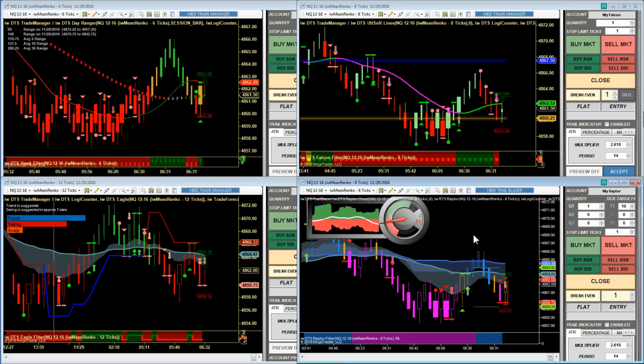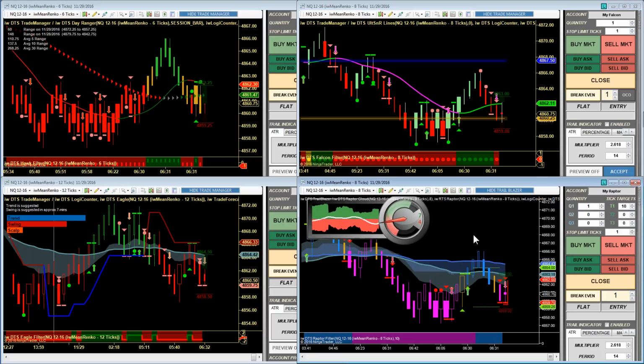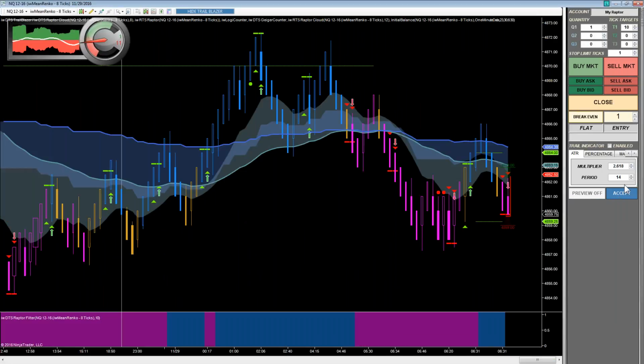And as those of you who've been following that first signal know, it tends to have a pretty good follow through to it. Actually, we're getting a similar look here on the Raptor with the cloud crossover.